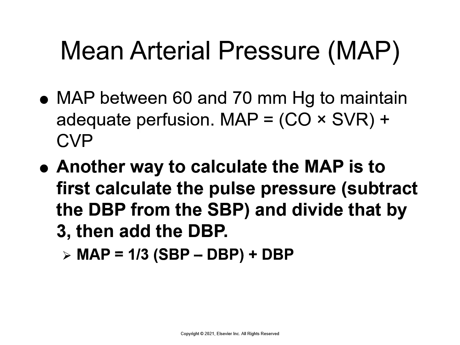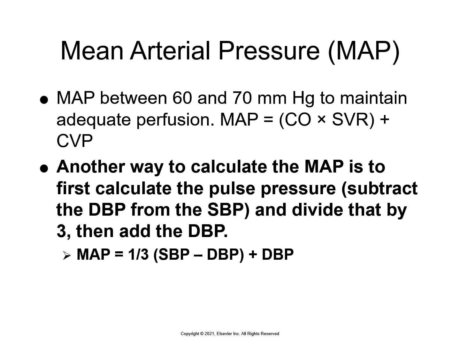Another way to calculate the MAP is to first calculate the pulse pressure, which is done by subtracting the diastolic blood pressure from the systolic blood pressure. Then you divide that by 3 and then add the diastolic blood pressure.